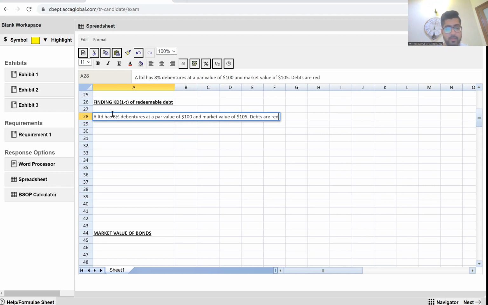Debts are redeemable after 4 years at par. Tax rate 30%.